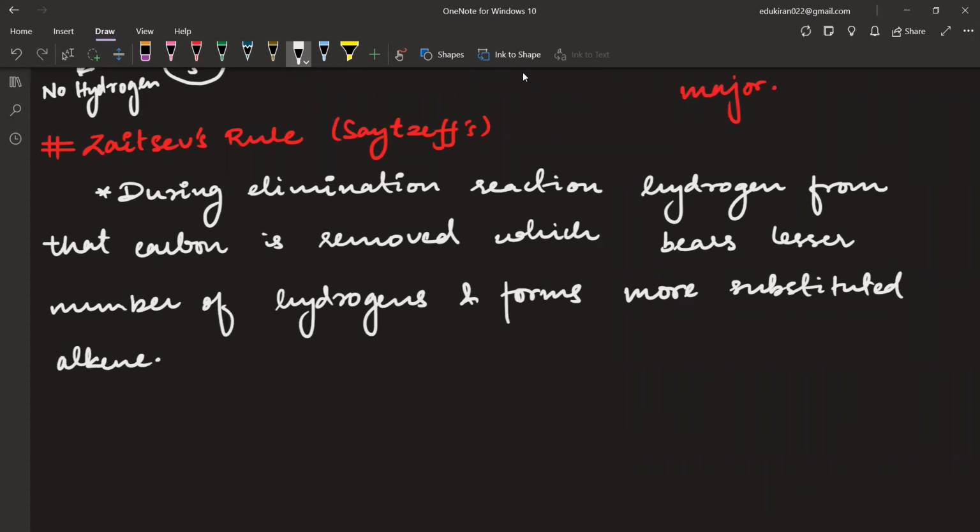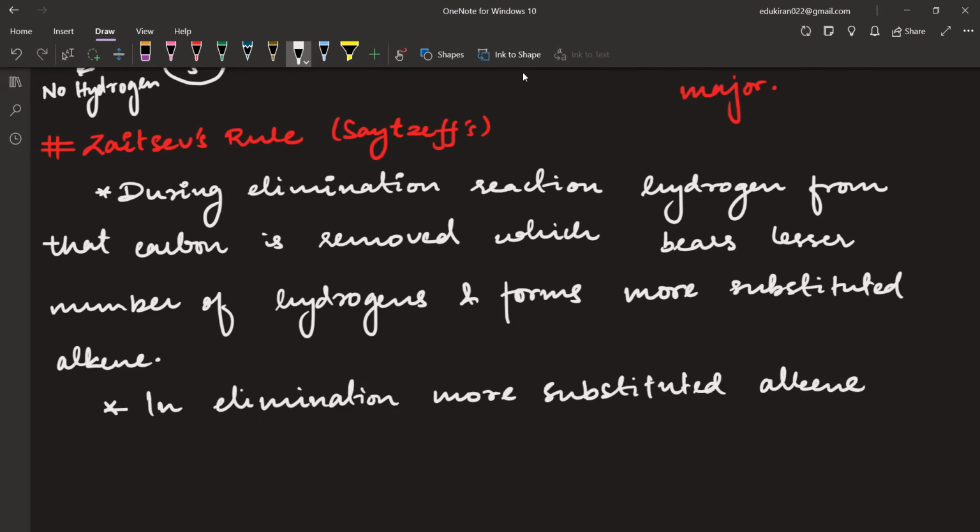In short, you will just write: in elimination, more substituted alkene is preferred.